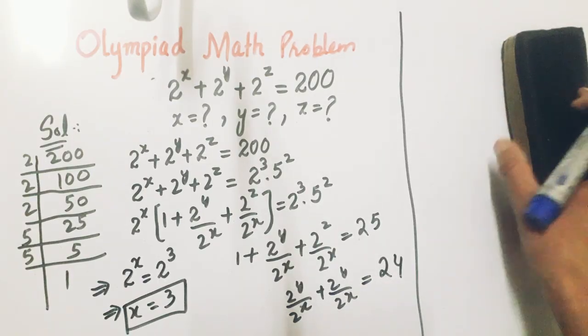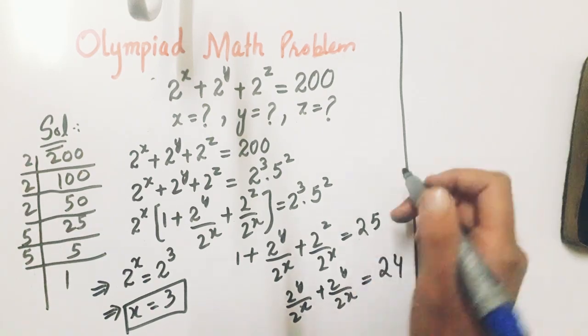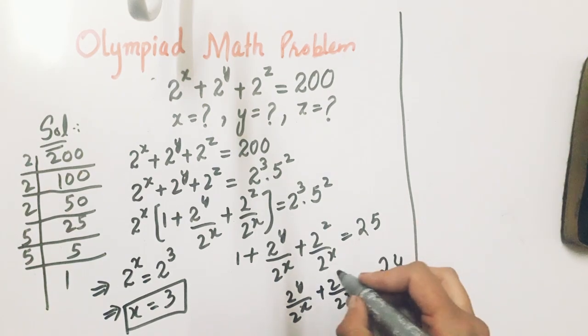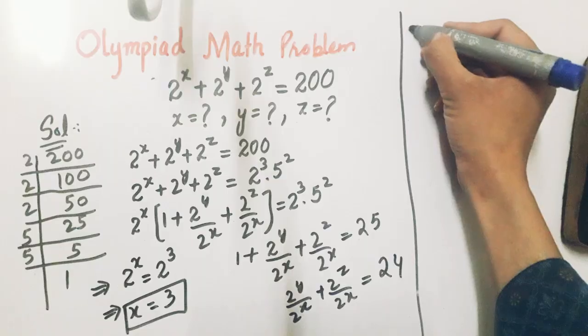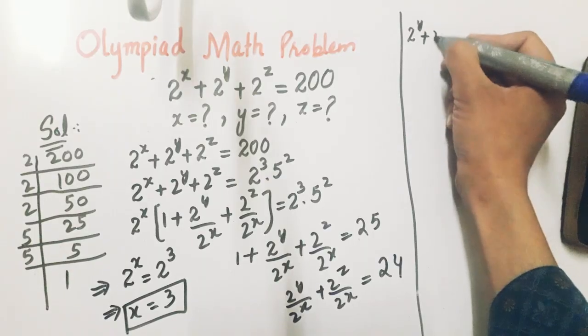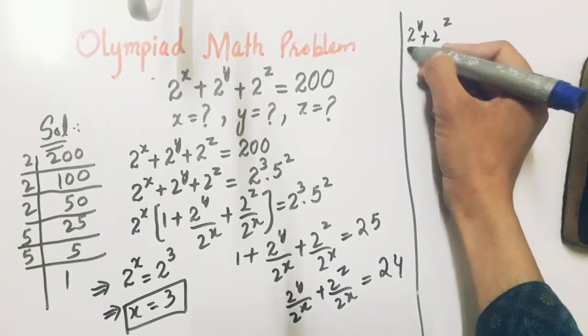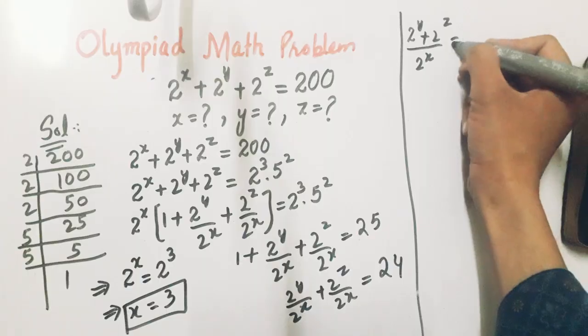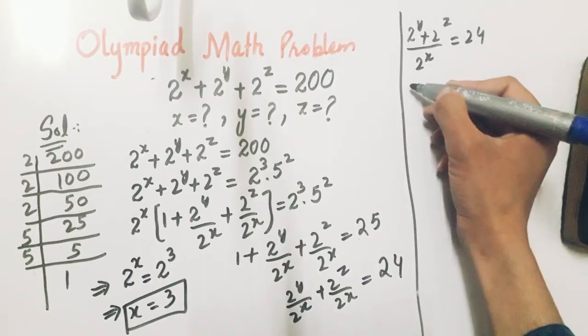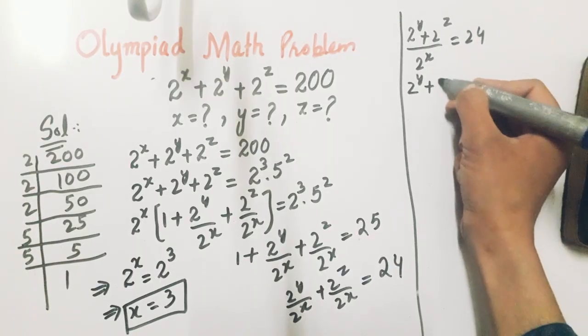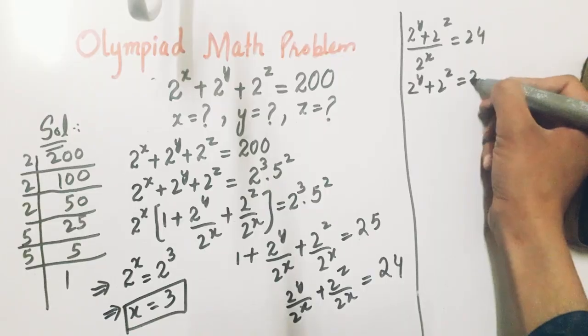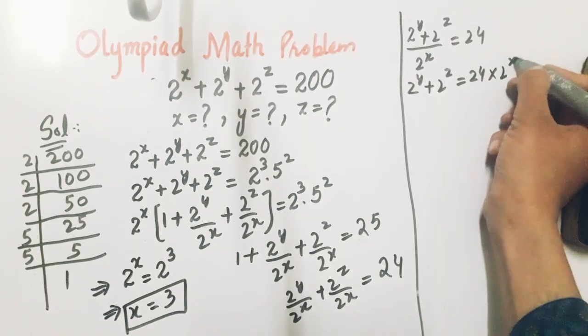Now in the next step, we will substitute the value of 2 raised to power x. We write 2 raised to power y plus 2 raised to power z divided by 2 raised to power x equals 24. It means 2 raised to power y plus 2 raised to power z equals 24 multiply 2 raised to power x.